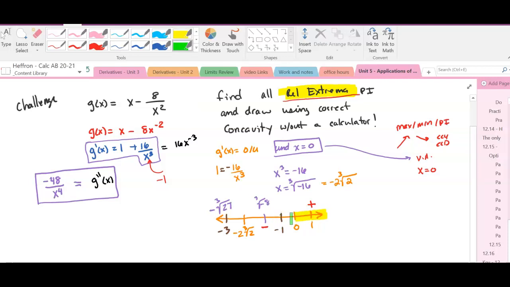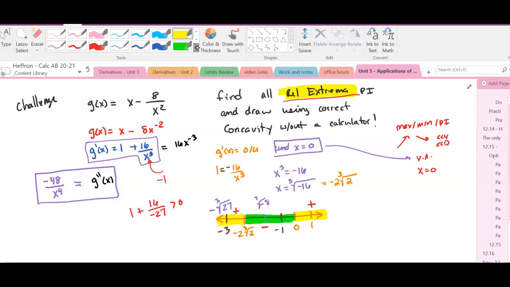Anything to the left of 0 is negative. And now we're going to have to check negative 3. Well, 1 plus 16 over negative 27, that is still going to be greater than 0. So this will be back to positive.